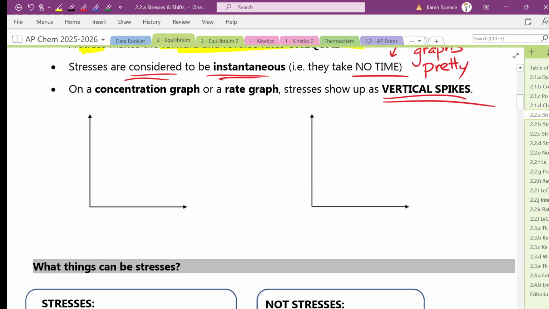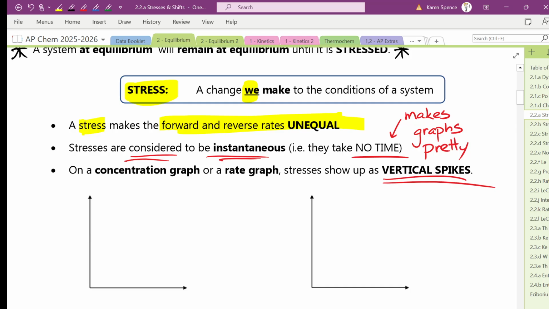So, let's say we had, what did I actually use as the example? Okay, yeah, I did use that one. So here is a concentration graph. On our y-axis is concentration. Guess what goes on the x-axis? That's going to be our time.